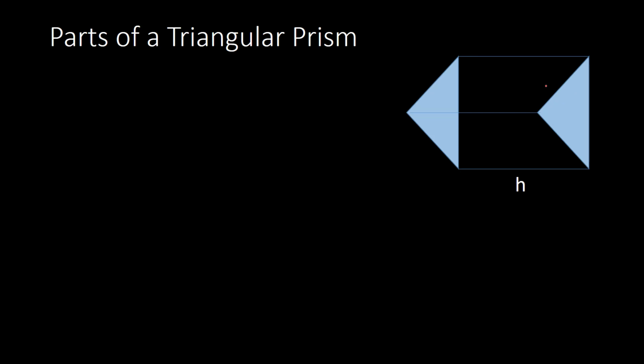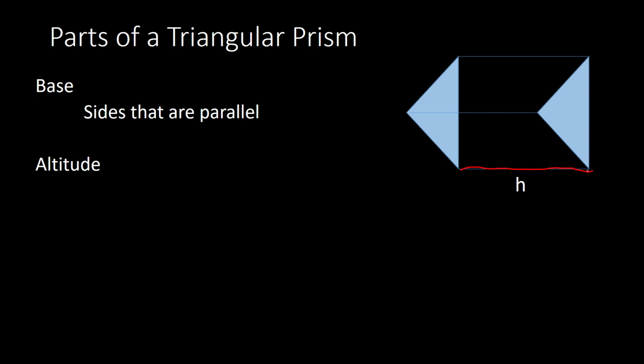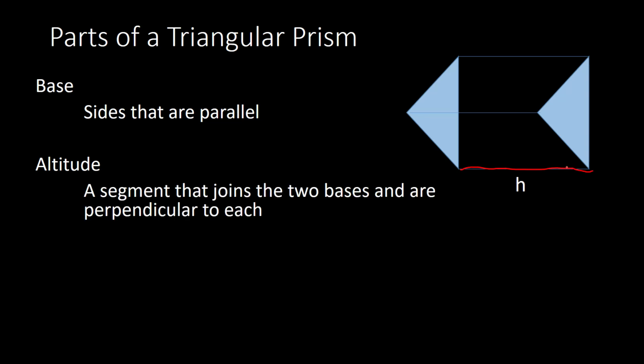So for example, here is a triangle that's rotated, so now the bases would still be the triangles, but they're not on the top and the bottom. So base would be the sides that are parallel, altitude would be connecting the bases, so this segment right here would still be the altitude, even though it's sideways in this case. And then the height is the length of that altitude.